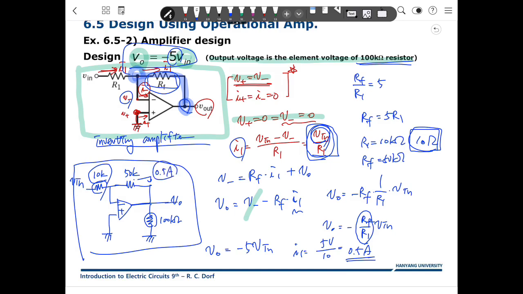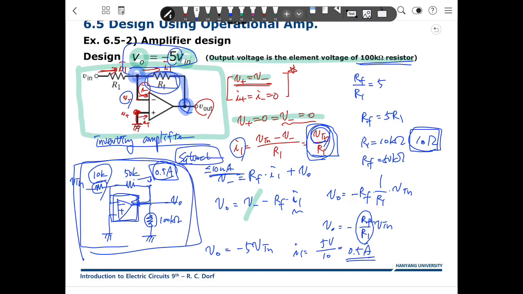So that current, if this is open, that current goes to here. I mean, the op-amp supports 0.5 ampere. But generally, for an op-amp, like this integrated circuit, the current is limited by saturation current. Generally, its current level is less than 10 milliamperes.